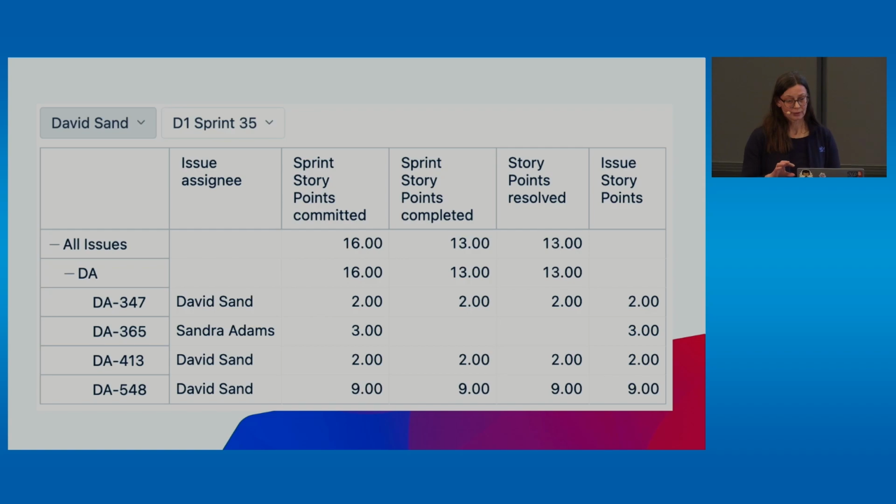If you put the issue on the report, it will show up because it's the issue. However, measures like issue story points do not sum up data. You do not see any values for all issues. You do not see any values for project level. However, metrics like sprint story points committed, completed, and story points resolved automatically sum up values for all issues.